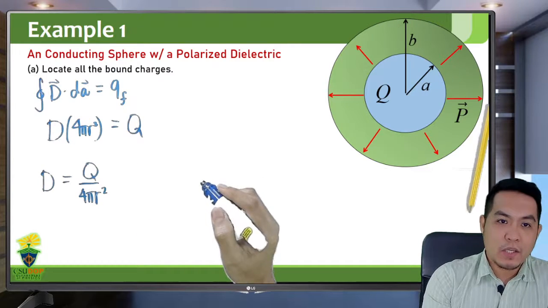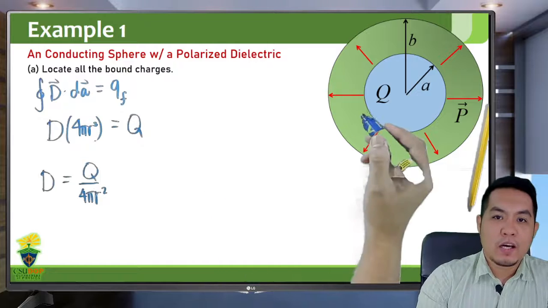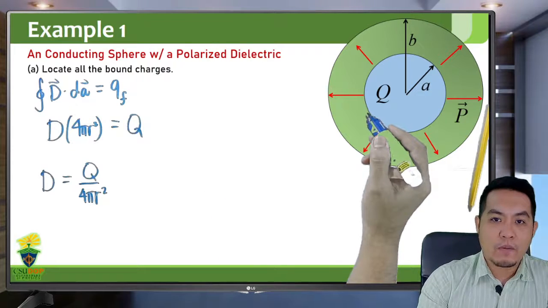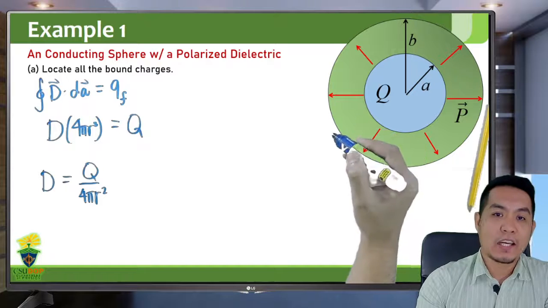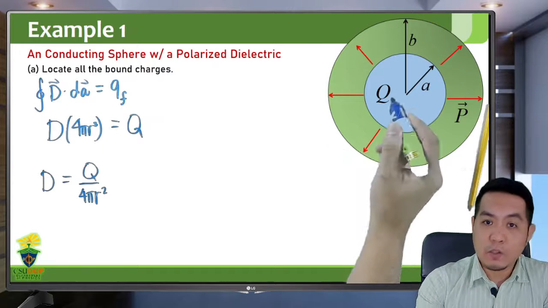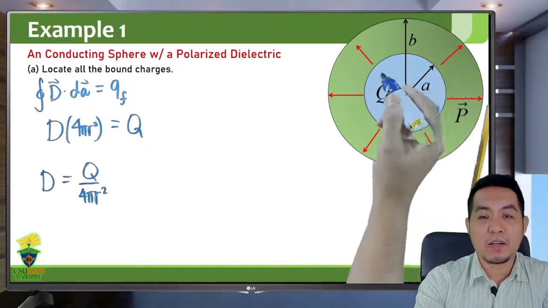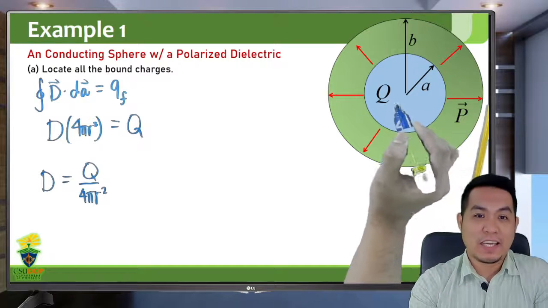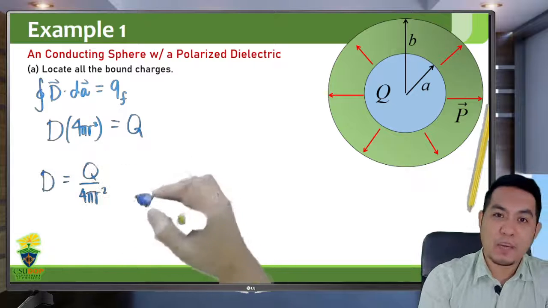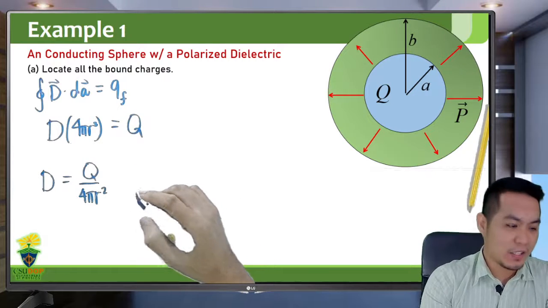This is the displacement for r greater than a, inside the dielectric and outside the dielectric. There's no displacement inside your conducting sphere because this is a conductor, not a dielectric. The displacement only applies to dielectrics.